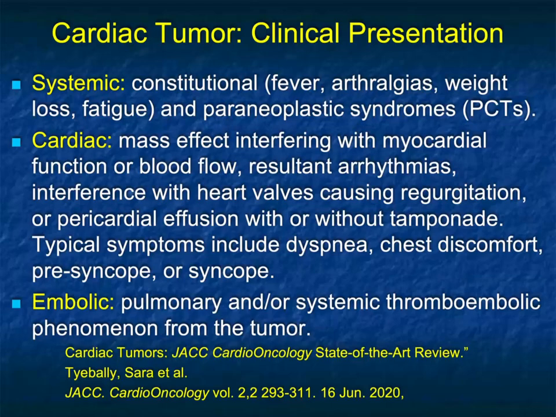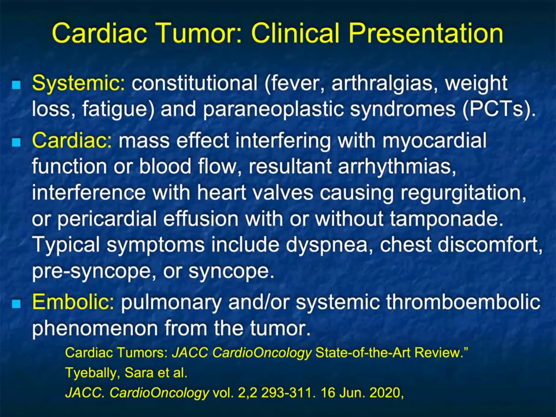Now, if we look at cardiac tumors, the clinical presentation a little bit more closely and break it into systemic, cardiac, and embolic, we'll say constitutional symptoms and paraneoplastic syndromes are things we think about. Cardiac is mass effect, affecting myocardial function or blood flow, arrhythmias, interference with heart valves, causing regurgitation, or pericardial effusion with or without tamponade.